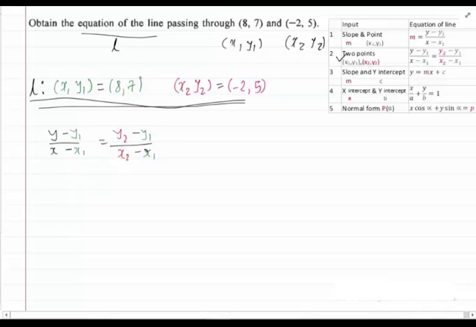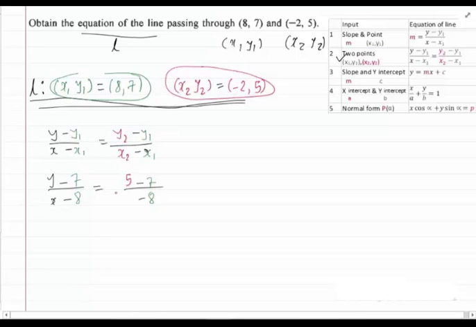First of all, we will place the value of x1 y1. So here we have (y - 7)/(x - 8). The same values will be placed over here, -7 and -8. Now we place the values of x2 y2, which are 5 and -2 respectively.